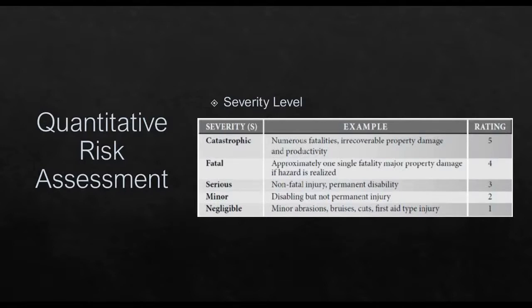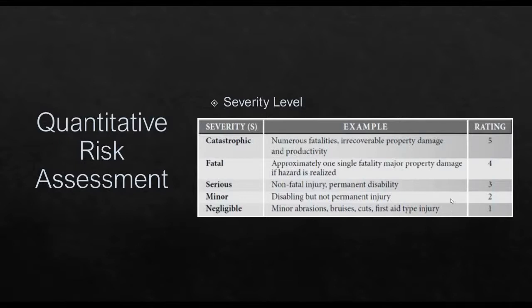Okay, for example, for the negligible, so minor abrasion, bruise, cuts, first aid type injury. So for this hazard, the severity because of that hazard might only require first aid type injury only. So the score is only 1.